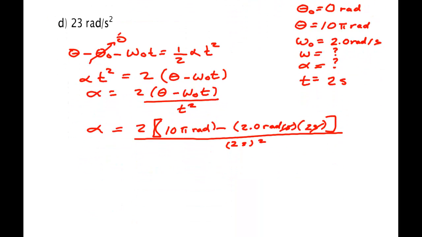Grab my calculator and simply punch it. Ten times pi minus 4, divided by 2, 13.7 rad per second squared.